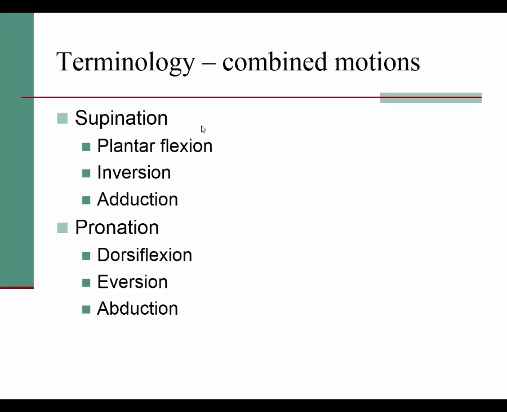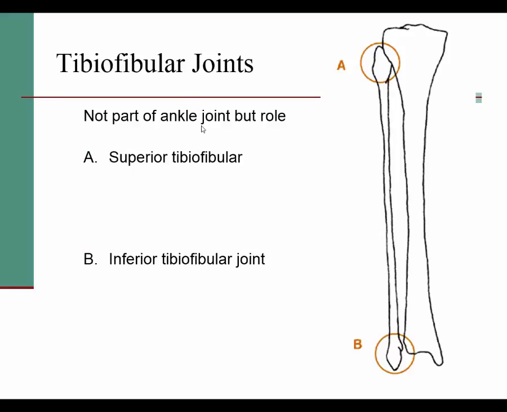We're going to talk just a little bit about the tibiofibular joints. There are two of them, A and B: the superior tibiofibular and the inferior tibiofibular. Neither of these is part of the ankle joint, but they do have a role, especially the inferior tibiofibular.